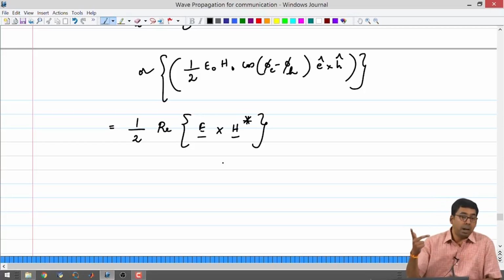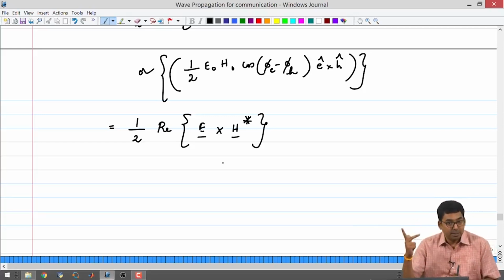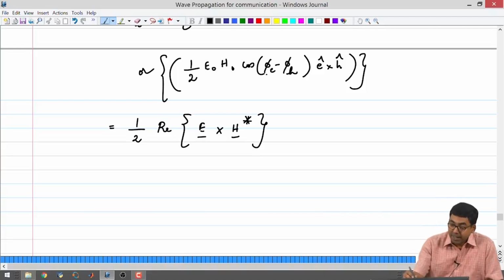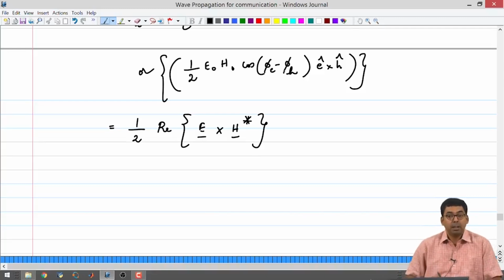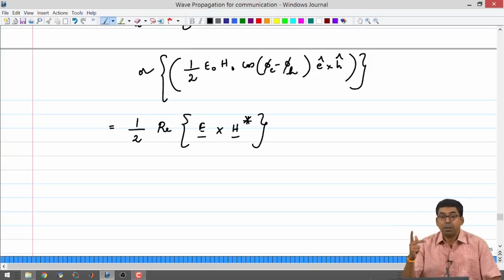But we still are not talking about the phase when we are talking about the right hand rule. We are just talking about the unit vectors, we are not talking about the phase. When we look at phi e minus phi h, it tells you something about the phase.